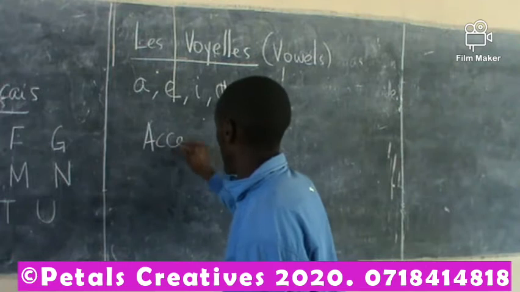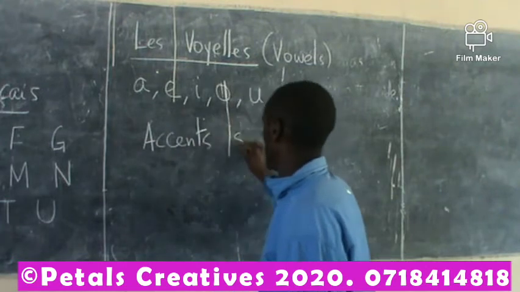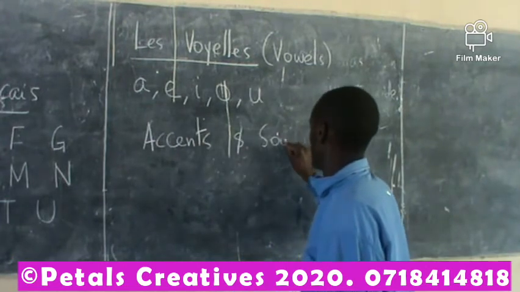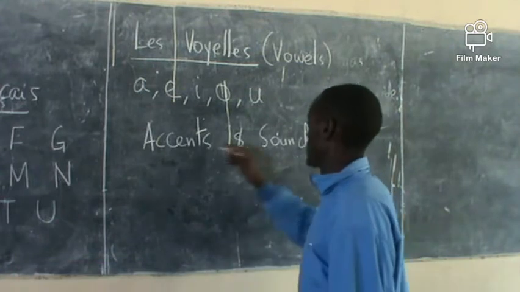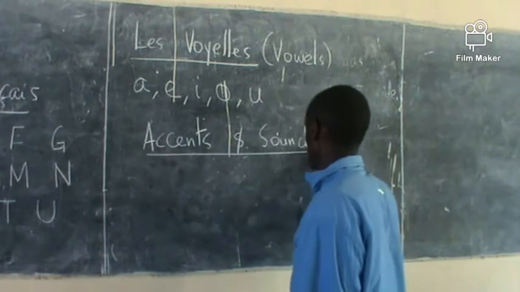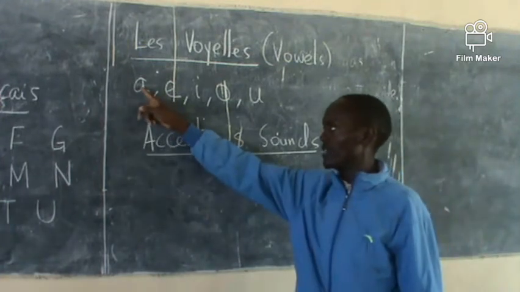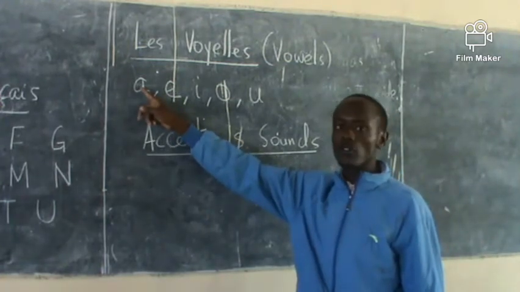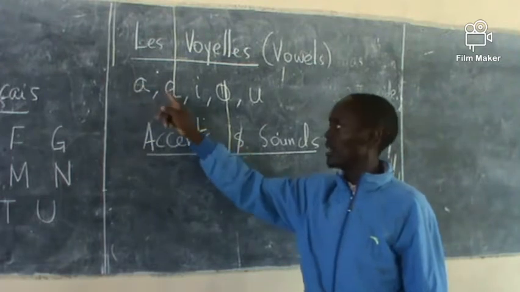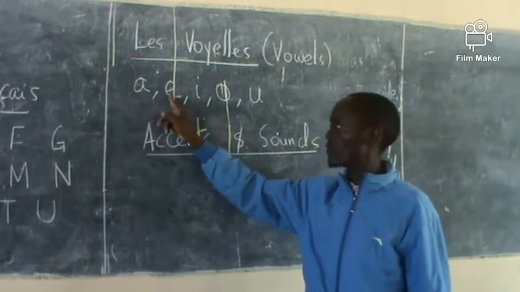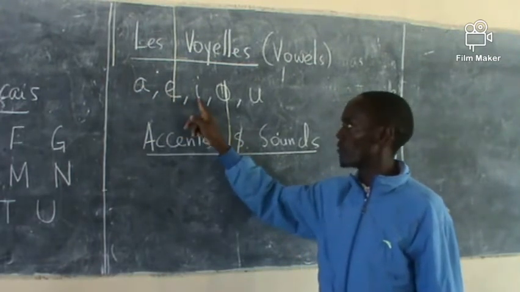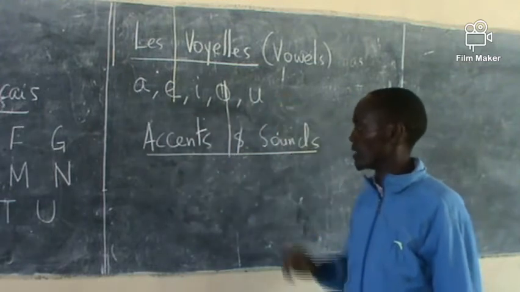So, accents and sounds. As I said, when you look at letter A, it has several forms. The same way E has several forms, I has several forms, O and U, the same case.